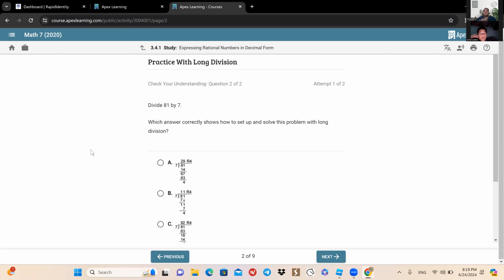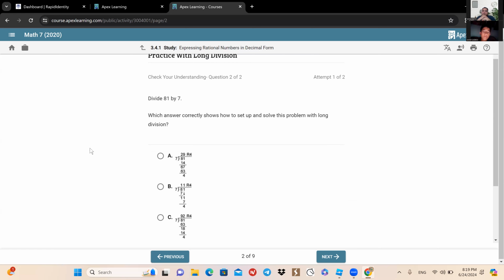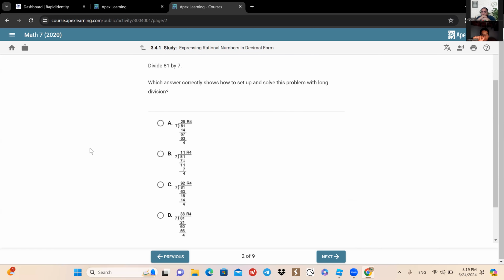Divide 81 by 7. Which answer is correctly showing how to set up and solve this problem with long division? Okay, 7. If you divide 81 by 7, what will be the quotient? 81 divided by 7 would be something else. Let me just get a paper.